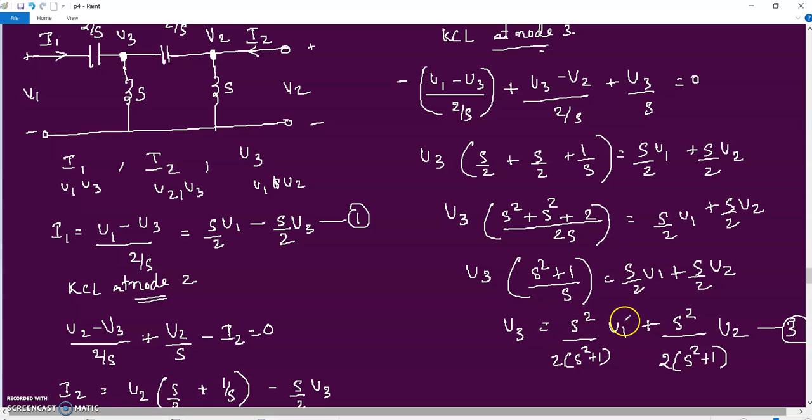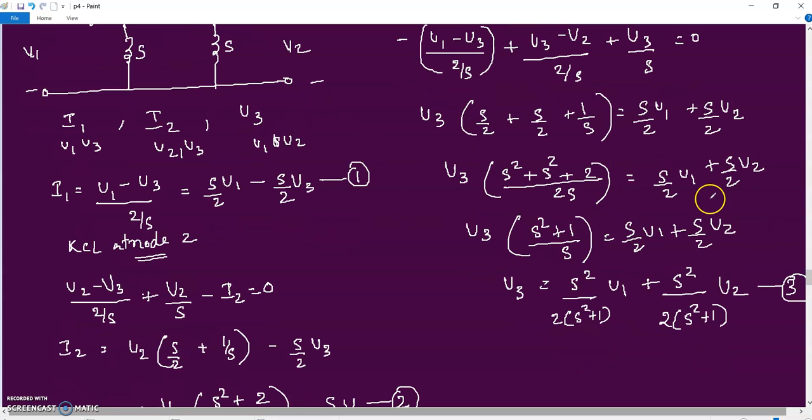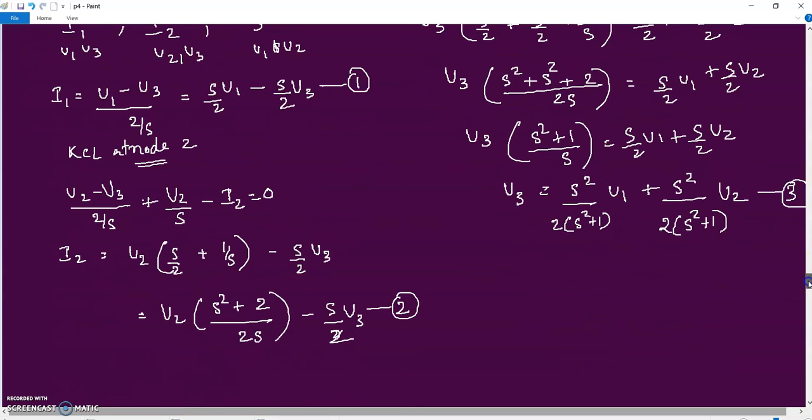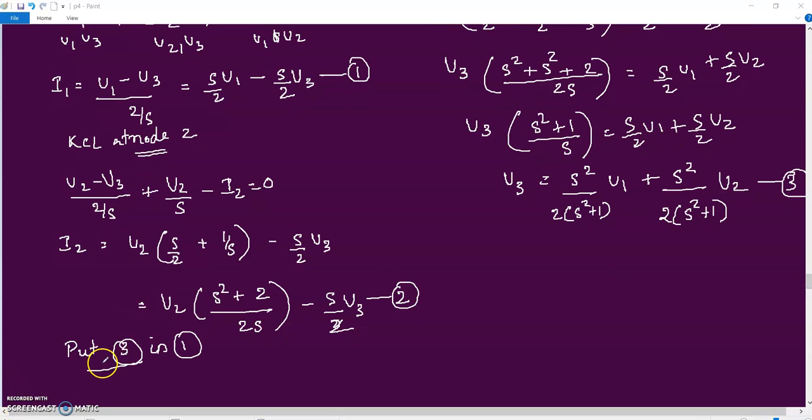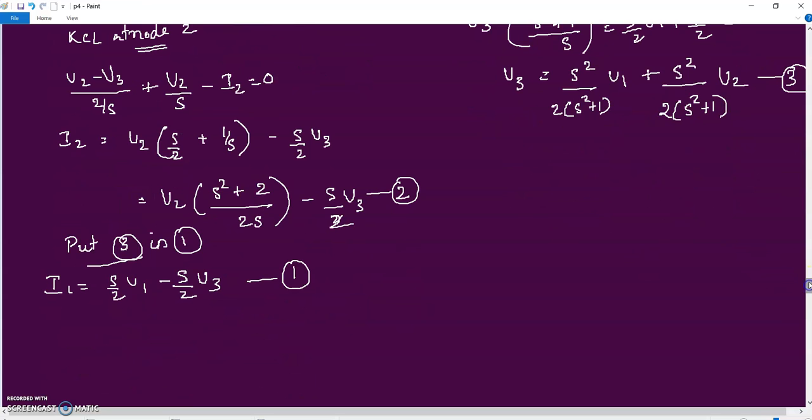So now we have to put this V3 in equation number 1 and equation number 2. Putting V3 in 1, we have I1 is equal to S by 2 V1 minus S by 2 V3. This is equation number 1. So now we can put V3 in position here.